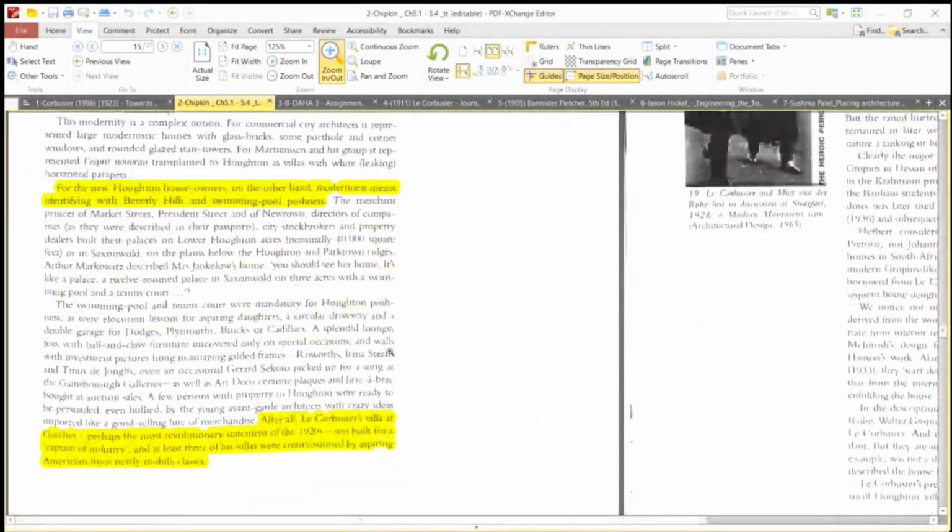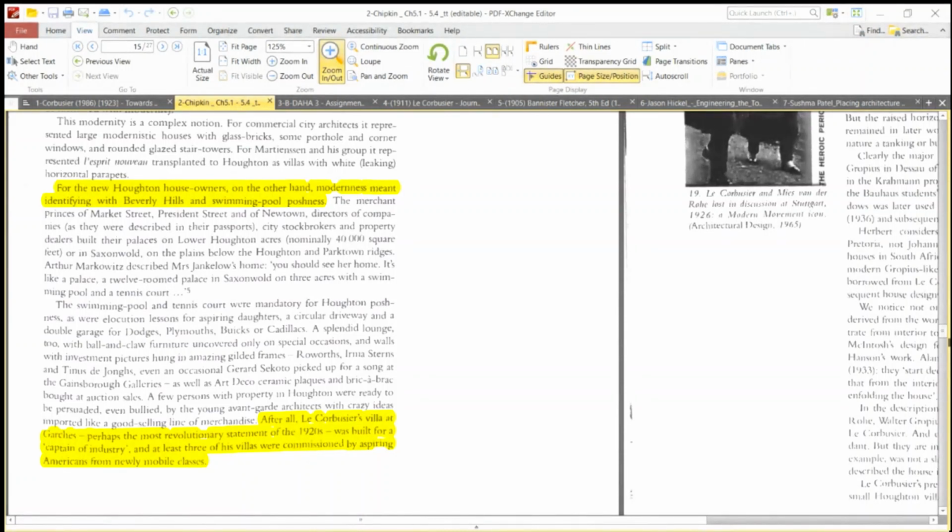Let's read just a little bit more. Chipkin says, for the new Houghton house owners, modernism meant identifying with Beverly Hills and swimming pool poshness, right? In other words, there was an elitism about this modernism, right?